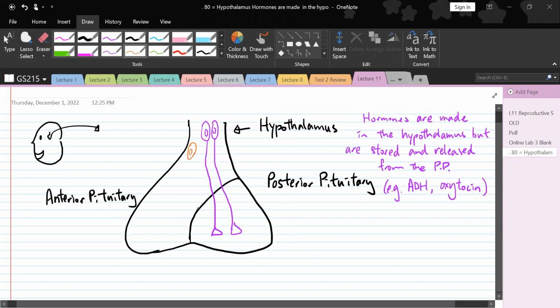The other group of neurons that I'm going to draw here don't extend all the way to the anterior pituitary gland. They just stop at the boundary, if you would.